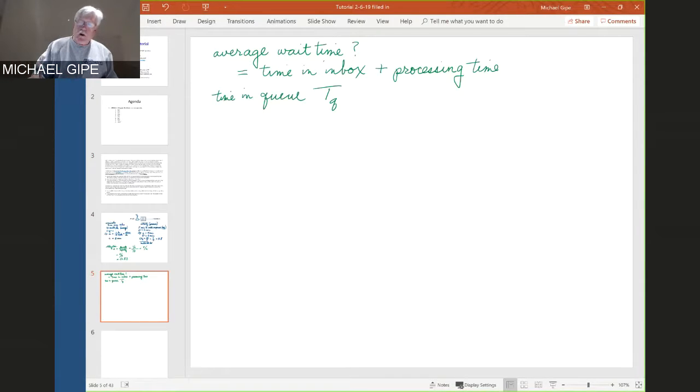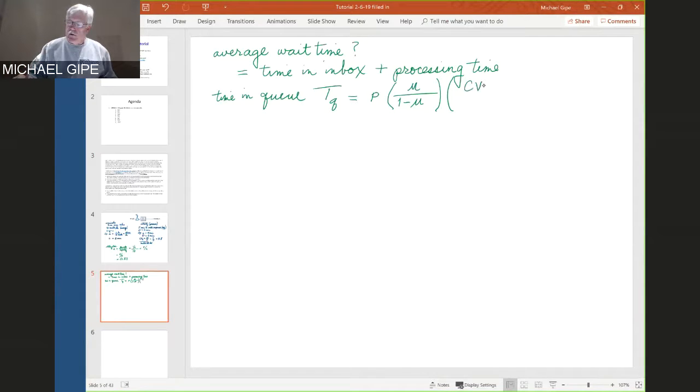And for the case of a single resource, here's a simplified formula. It's the processing time times a factor related to the utilization, and then a factor related to the variability in the arrival times and the processing time.